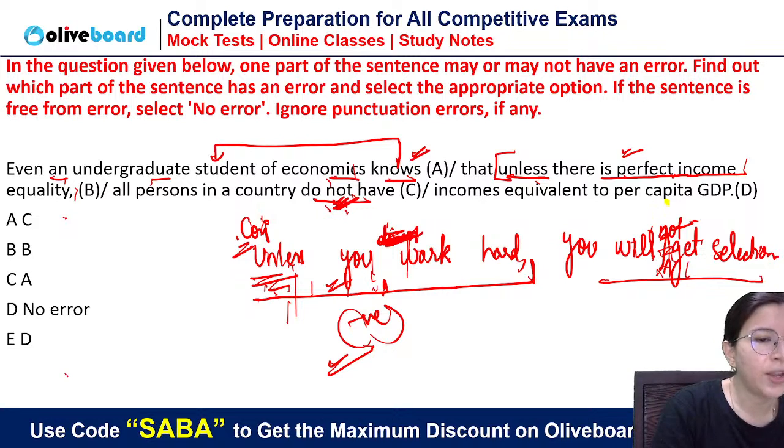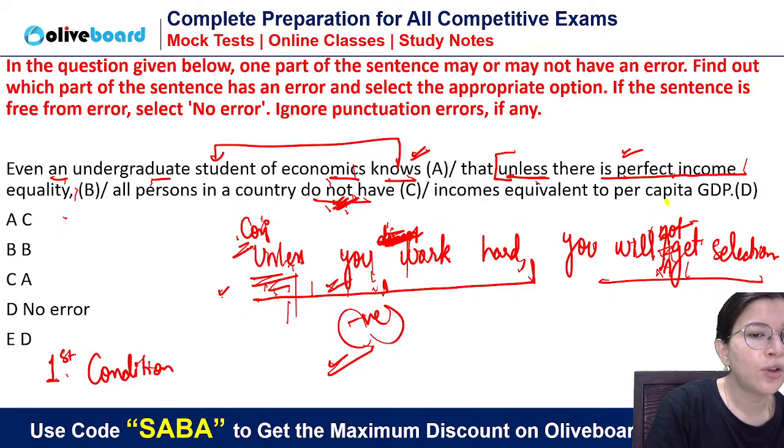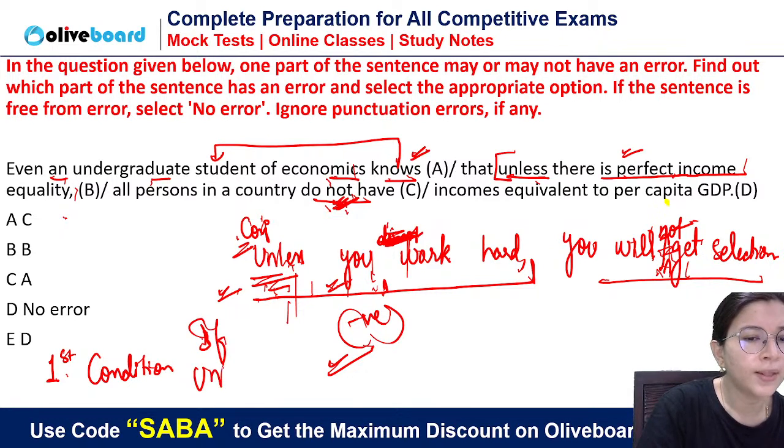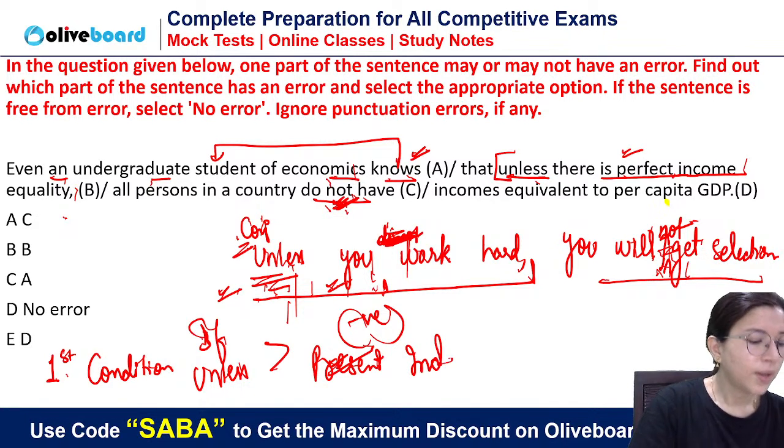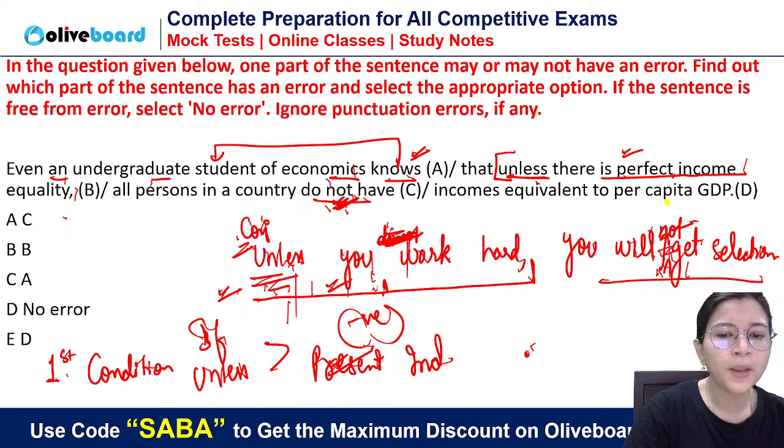Conditional sentence, very good. Now you have to apply the case of first condition, guys. It's a case of first condition that the subordinate clause, if or unless, should be in present indefinite. Do you remember? The subordinate clause should be in present indefinite, whereas the principal clause should be in future or modal indefinite tense.